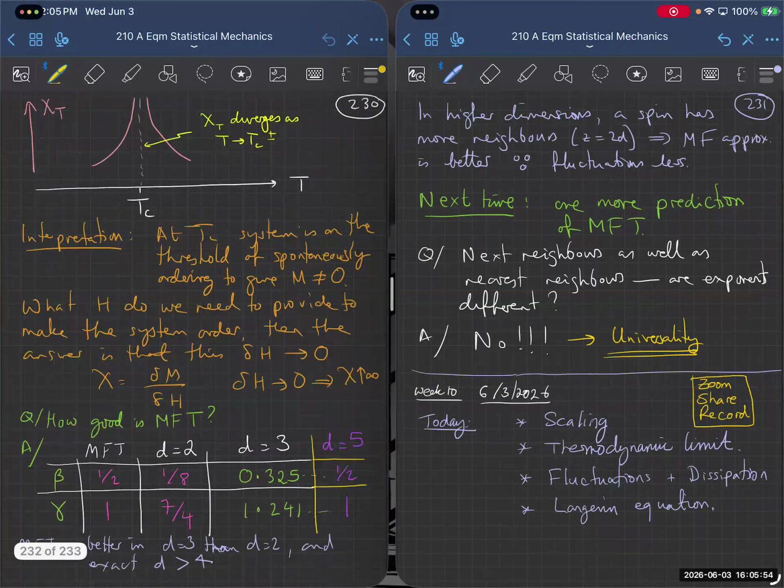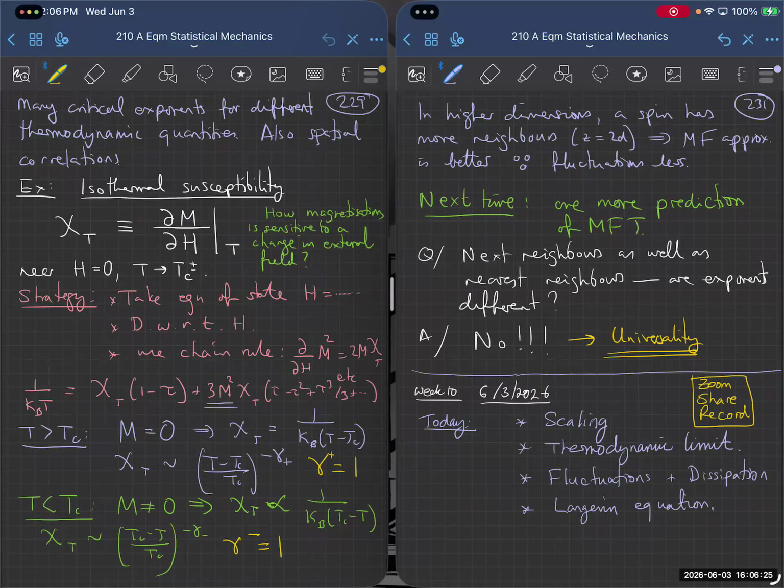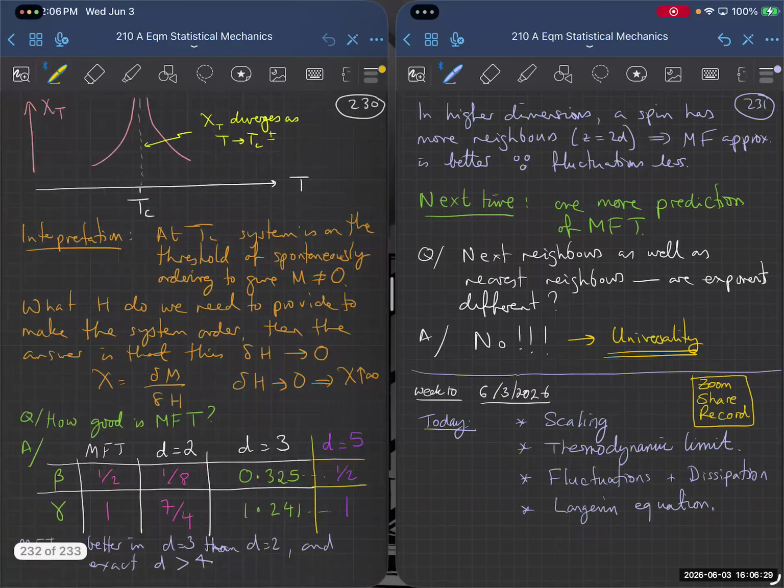And we worked out the mechanism for that in mean field theory. Then we looked at a response function of the system, the susceptibility, which tells you how the magnetization varies with external magnetic field. And we calculated its critical behavior, and we saw that it diverges to infinity at the critical temperature. And I gave you a physical interpretation of that.